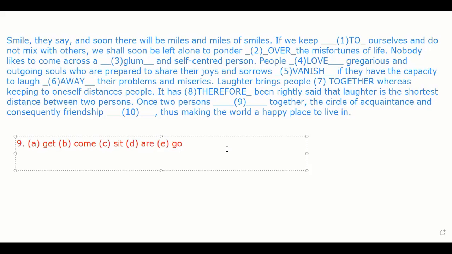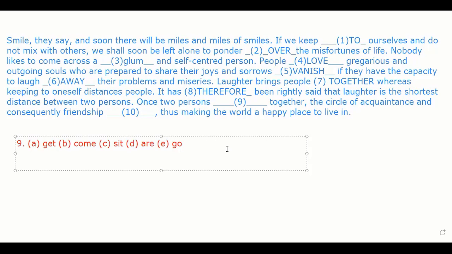Even "sit together" is very specific. "Sit together" cannot come. You think about "get together" or "come together". Who will explain the difference between once two persons get together and come together?